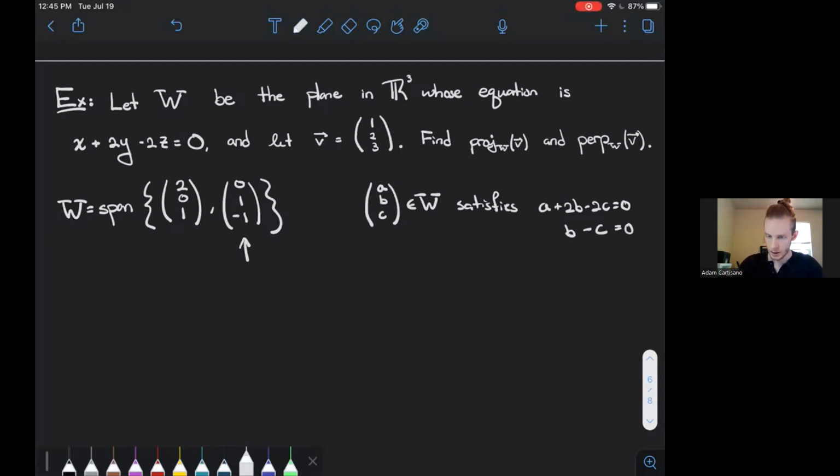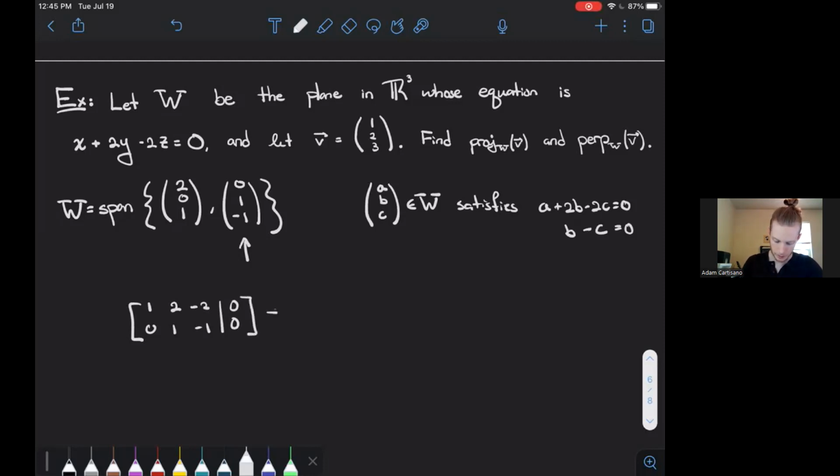That's interesting. So now we have a homogeneous system: 1, 2, minus 2; 0, 1, minus 1, augmented with 0, 0. We have to solve this. Row reduce it, I dare you.